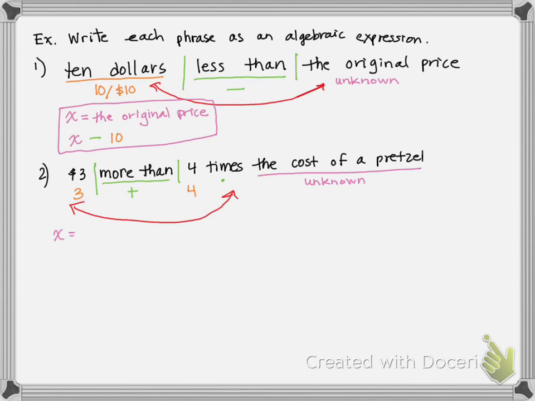And I'm just going to write the words: the cost of a pretzel. So here's the thing. Every single word is going to get turned into something else. Okay? All right. So what it says is 4 times the cost of a pretzel is going to come in the front.